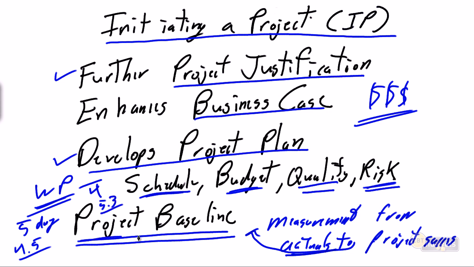This is what the project baseline is all about: establishing that measurement that we can compare our actuals to, to determine whether or not our project is going to be a success, whether our project is going to deliver on time or not. We complete project planning, we develop a complete project plan, we present it to senior management, and then we start up our first stage of our project.